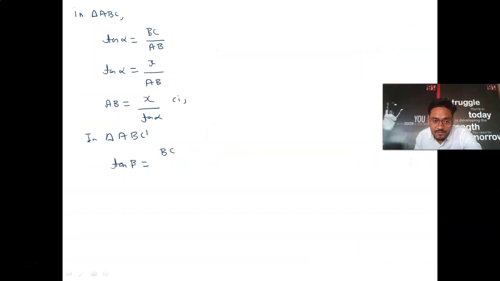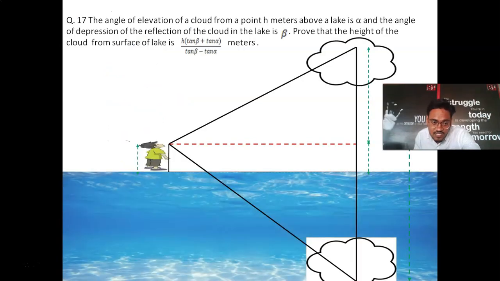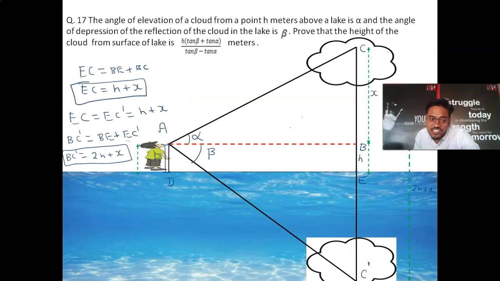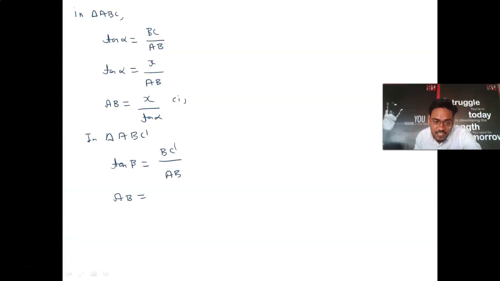Now from here I can write AB is nothing but BC dash by tan beta. Just tell me what is BC dash. BC dash is 2H plus X, and this is tan beta. Okay, so this is my equation number 2. You can check, this is my equation number 2.